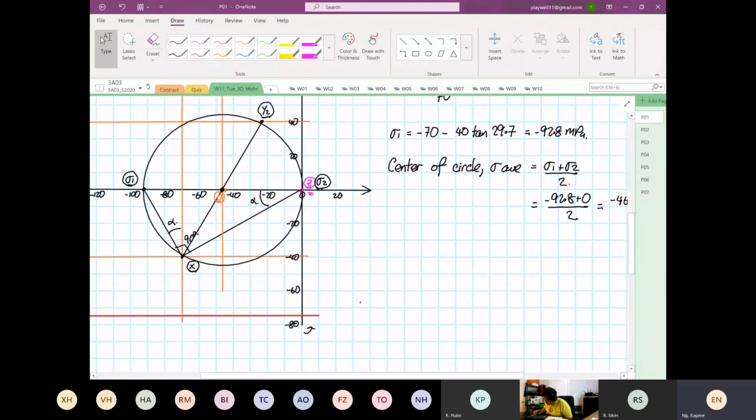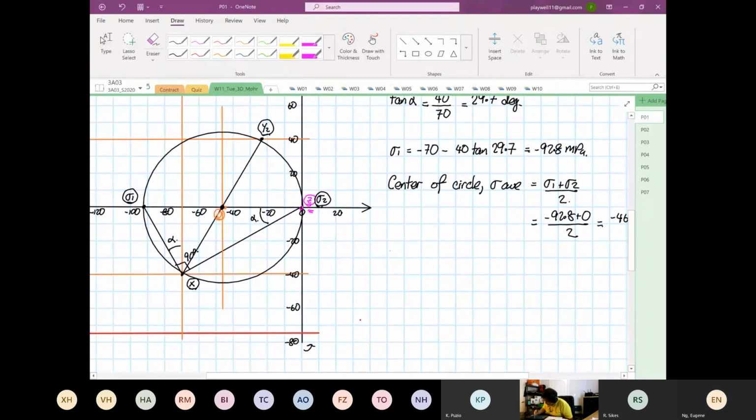So to find stress Y2, it will be equal to minus 46.4, right, plus 70.